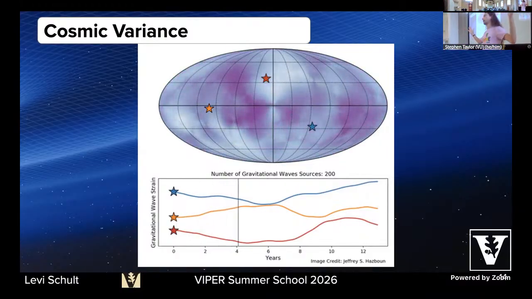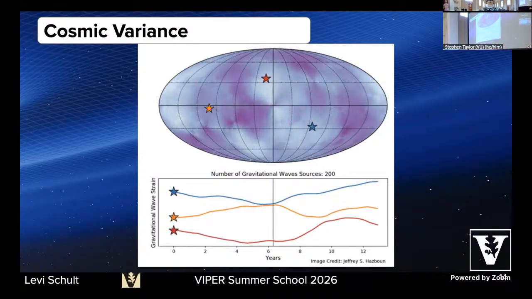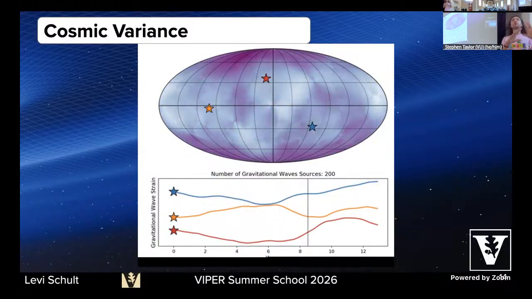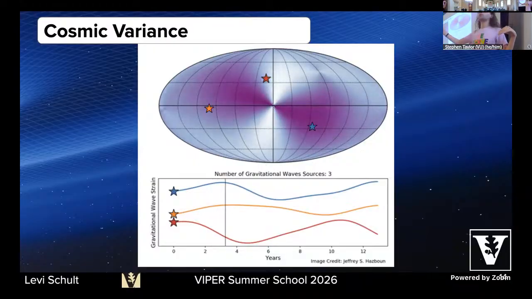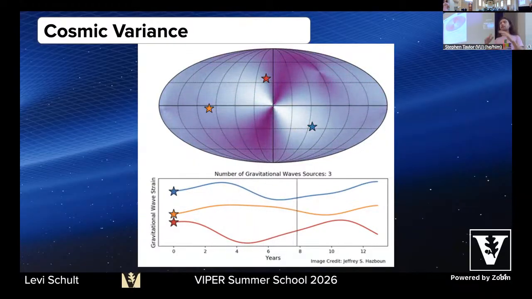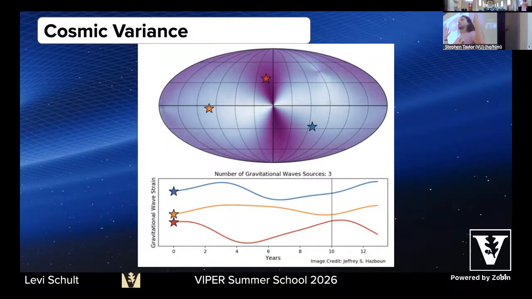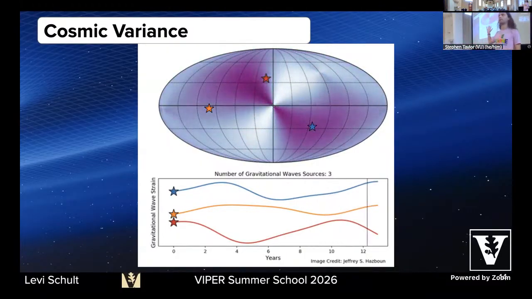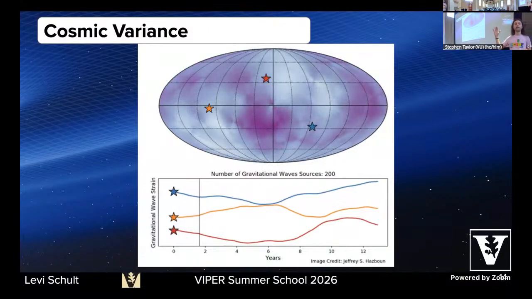But the important thing to remember is that there's the next moment, which is the variance. So we need to also understand, across those different realizations of the universe, what is the variance in that expected correlation? And this variance, this cosmic variance, is coming from the fact that our sources are interacting.